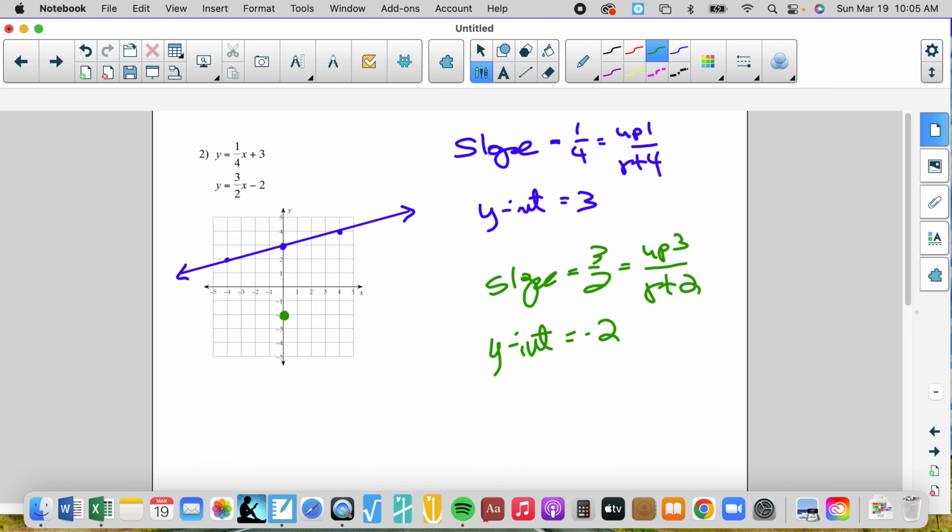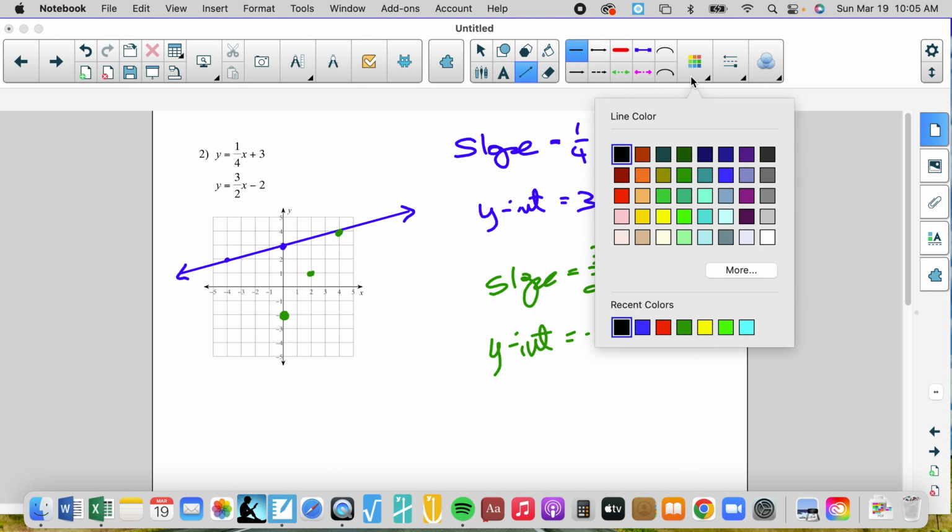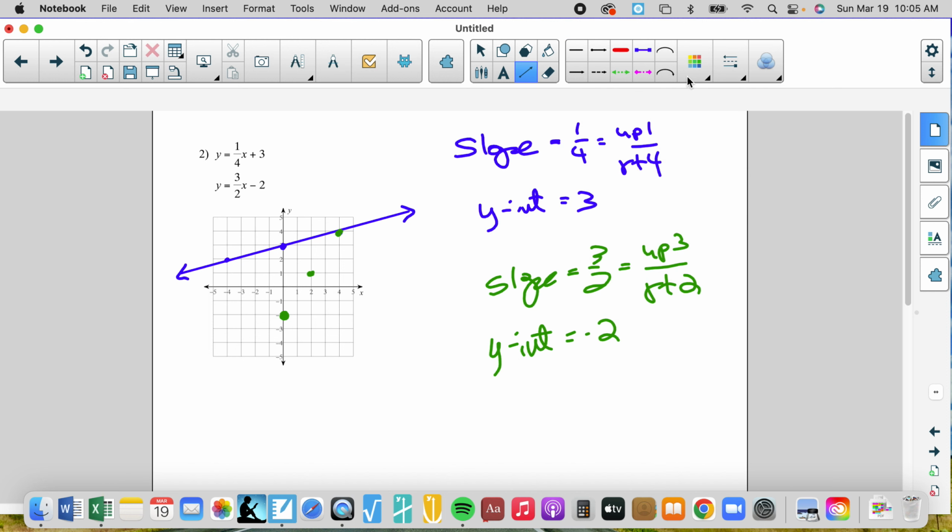Down here, I do my y-intercept, then I'm going to go up 3, 1, 2, 3, right 2, 1, 2, up 3, 1, 2, 3, right 2, takes me to there. I got my line, and I see where my intersecting point is going to be. And I think my intersection point is going to be (4, 4).